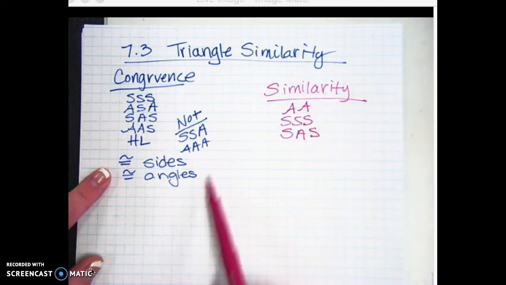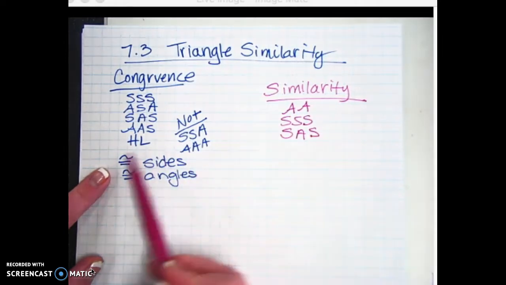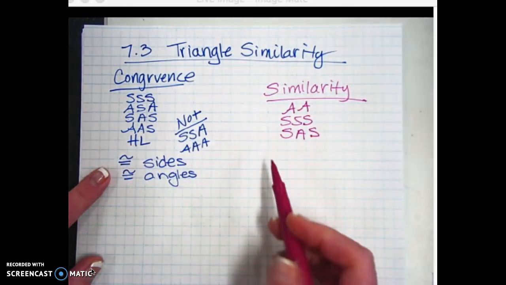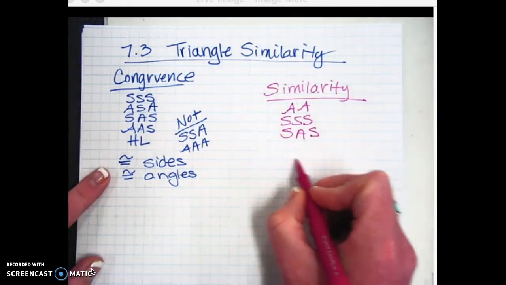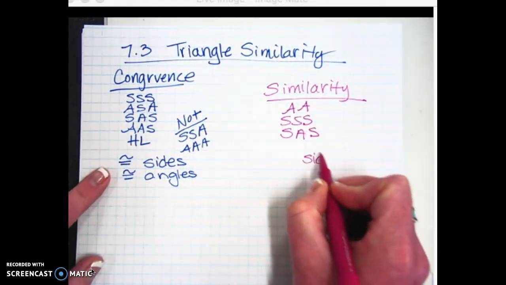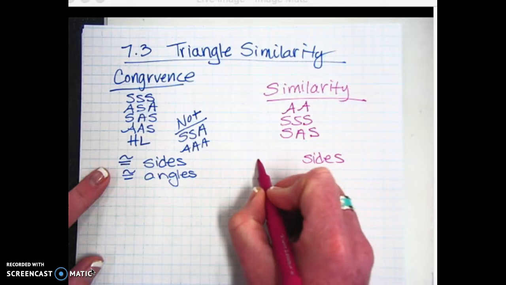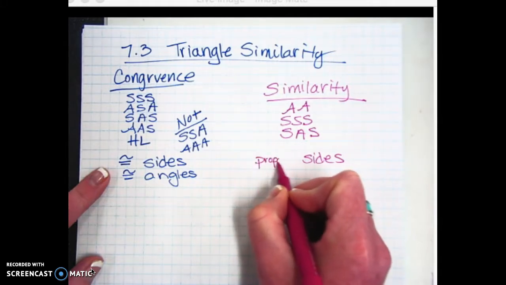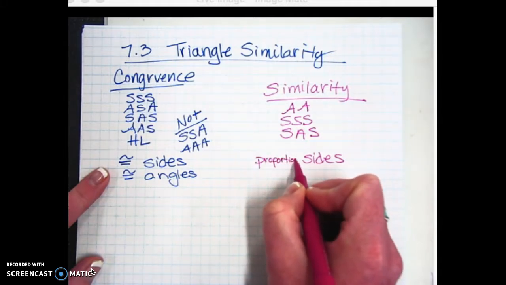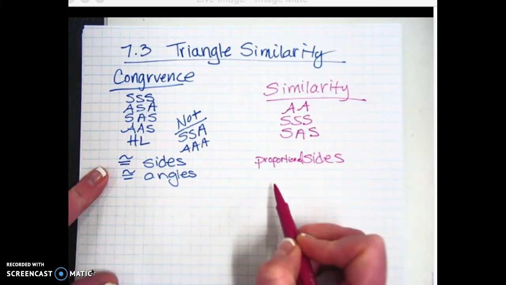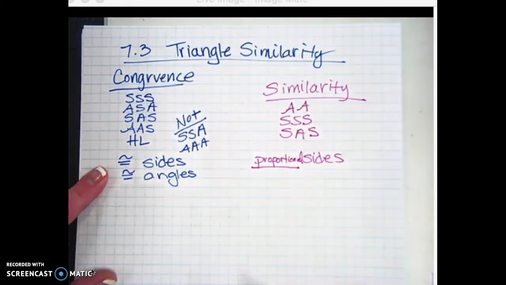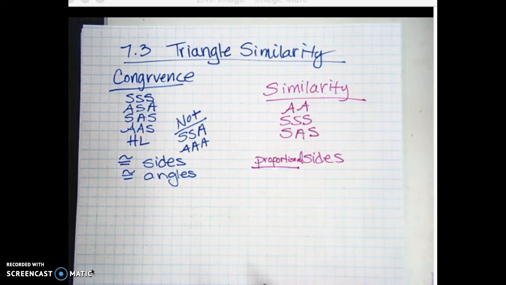But you don't have to have everything congruent like you did with congruence. With the sides, they just need to be proportional. They just have to have proportional sides, so they have to have the same ratio.